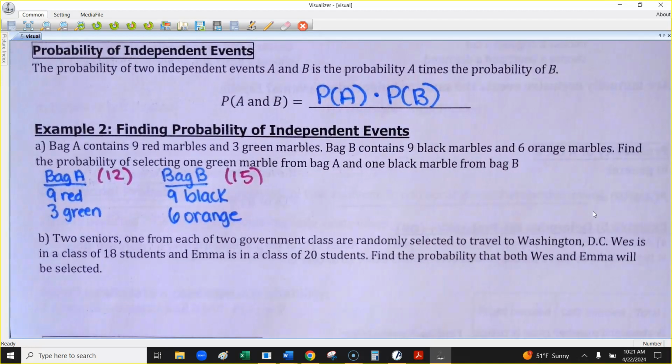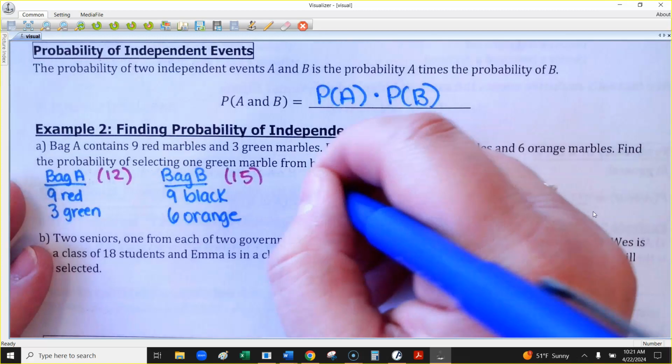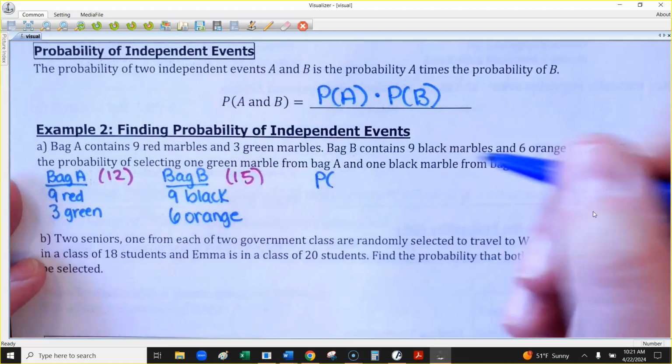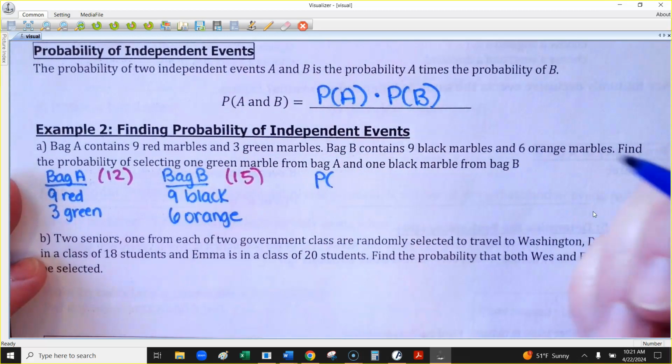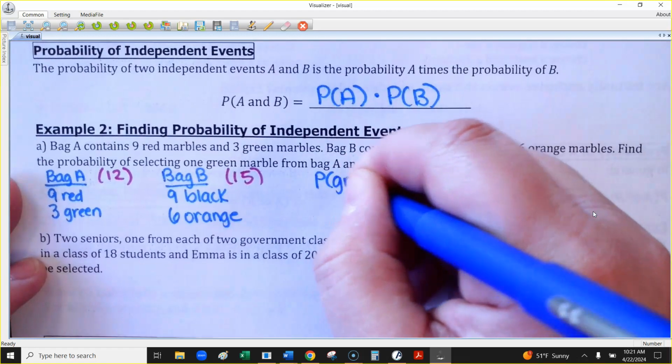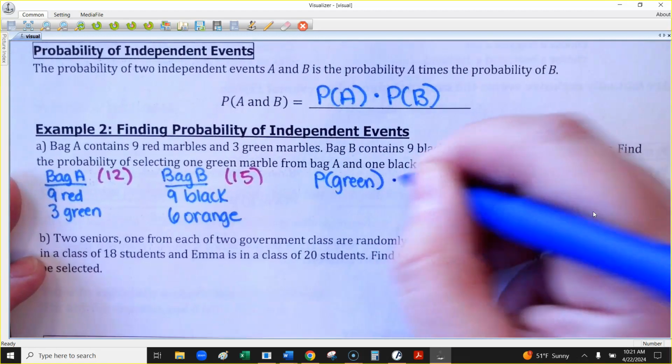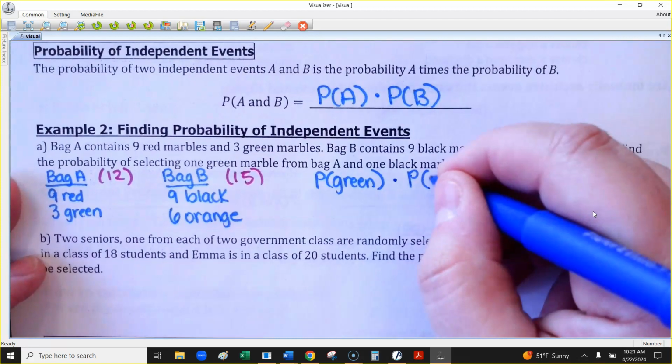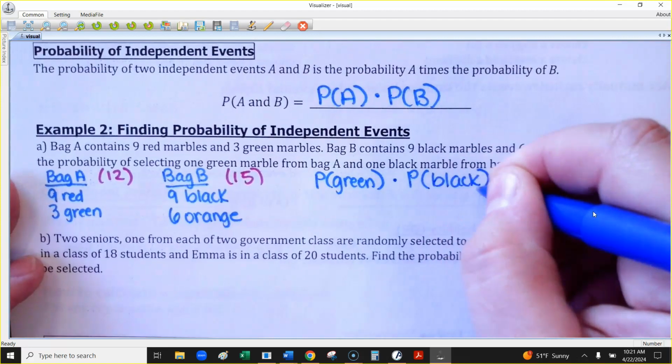Find the probability of selecting 1 green from bag A and the probability of selecting 1 black from bag B. So this is probability of green. And then I would multiply that by the probability of drawing a black marble out of the second bag.